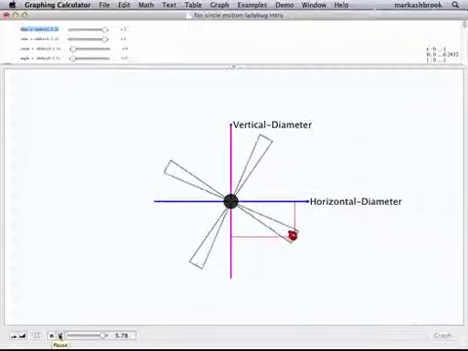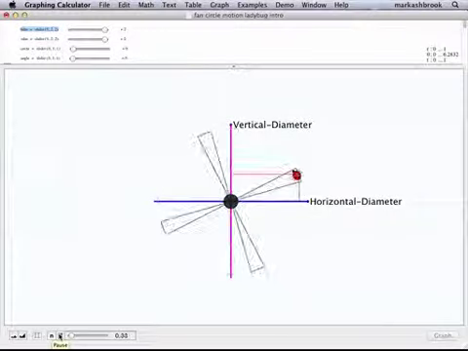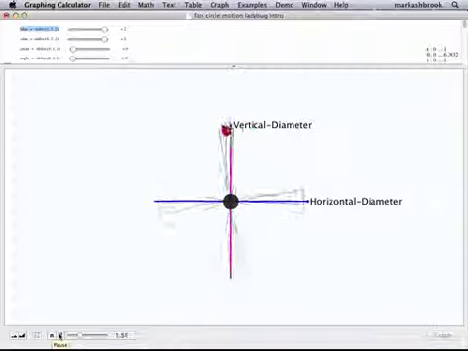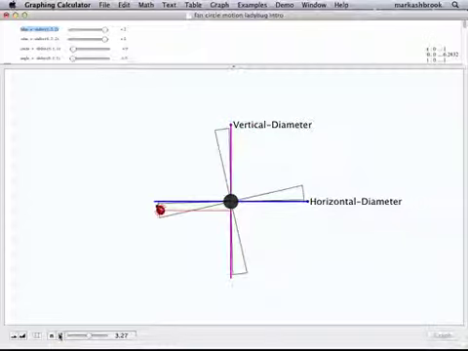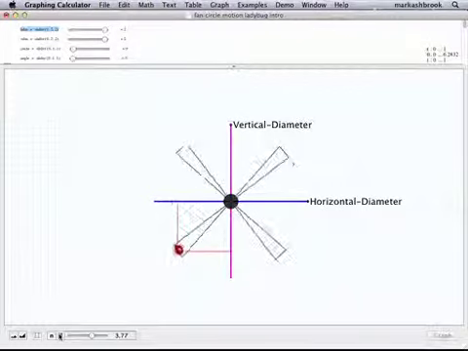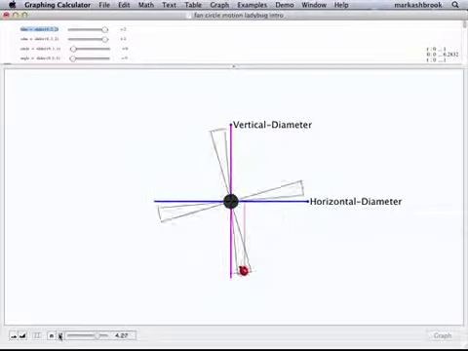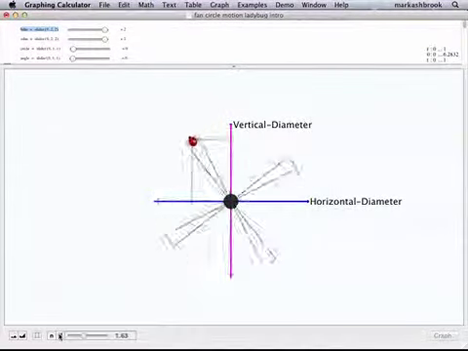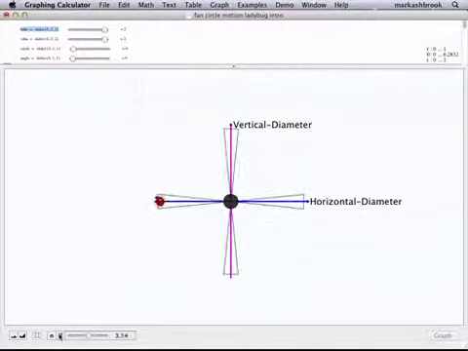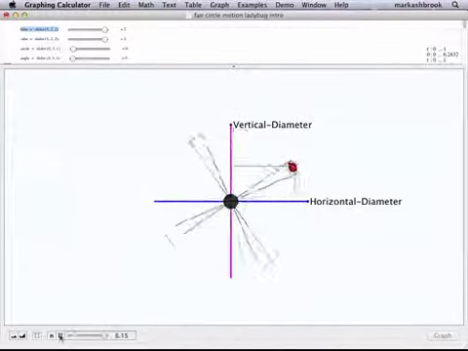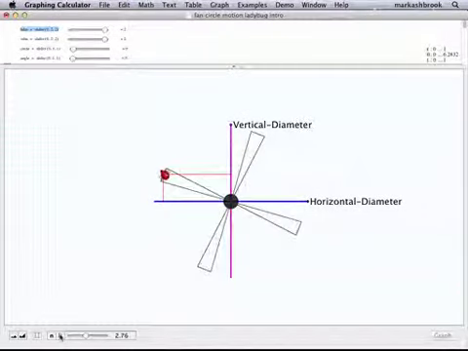So can you see what's representing the vertical distance from the horizontal diameter? Can you see that? And can you see what's representing the horizontal distance from the vertical diameter? This is really the same as something else that you're very familiar with. What is it really the same as?